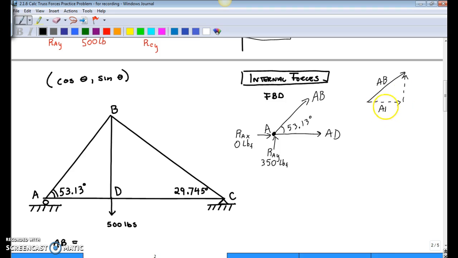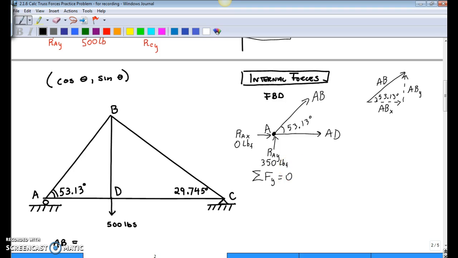This is our ABX, and our ABY, and our angle. So when we go to find, in this case, since we have reaction force A in the y direction is 350 pounds, let's do the summation of the forces in the y direction first. We know that they have to equal 0.